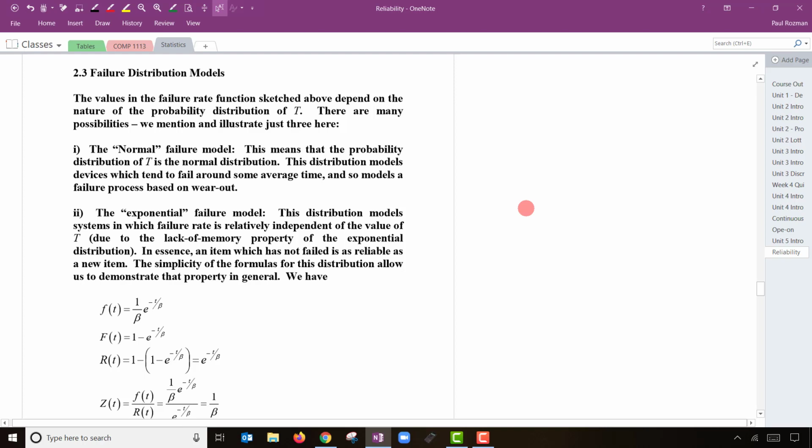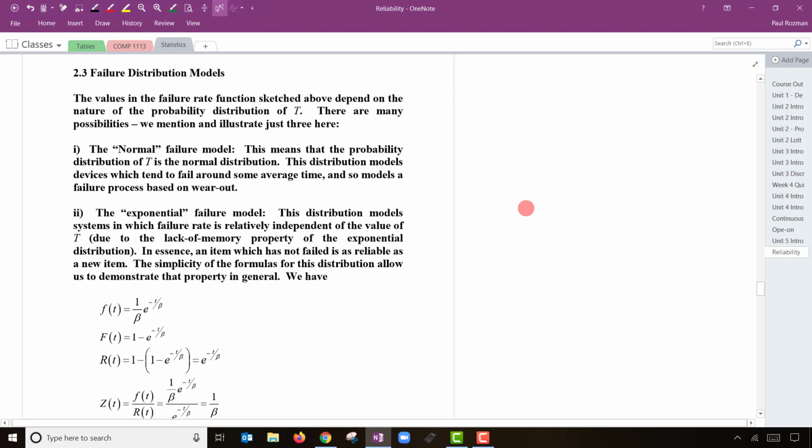An exponential failure model has that sort of memoryless property where it has a constant failure rate. So we often use this for electronic devices. Electronic devices don't have a lot of moving parts, so they don't wear out in the sense that, you know, the moving parts of my car might.